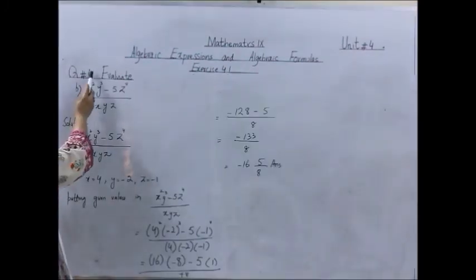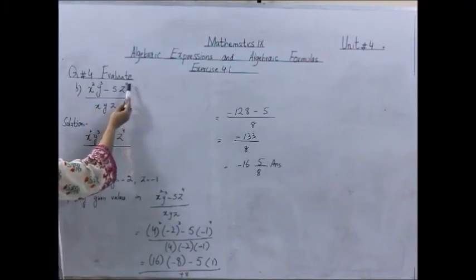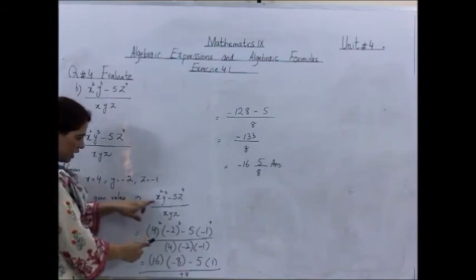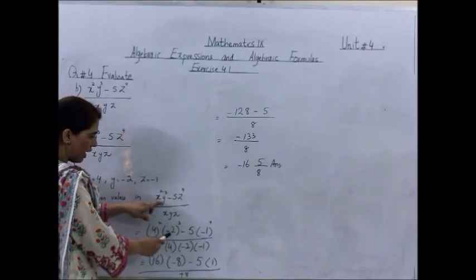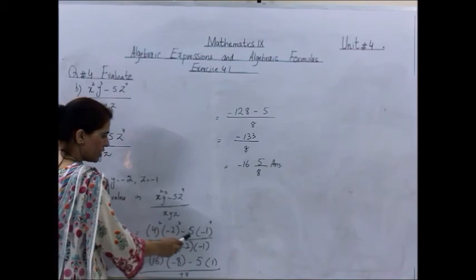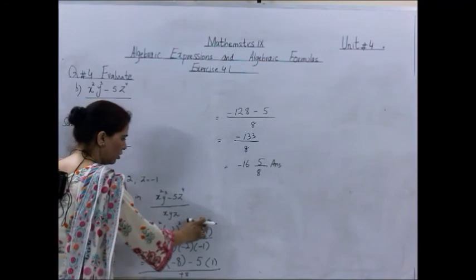Okay, look at part B of question number 4. You have to evaluate x²y³ minus 5z⁴ divided by xyz, and you are given x equals 4, y equals minus 2, z equals minus 1. The same procedure we repeat as we did in the last question. In the A part, x², as we are given the value of x as 4, so (4)², the value of y is (-2)³, minus 5 is there, and the value of z is (-1) to the power 4.